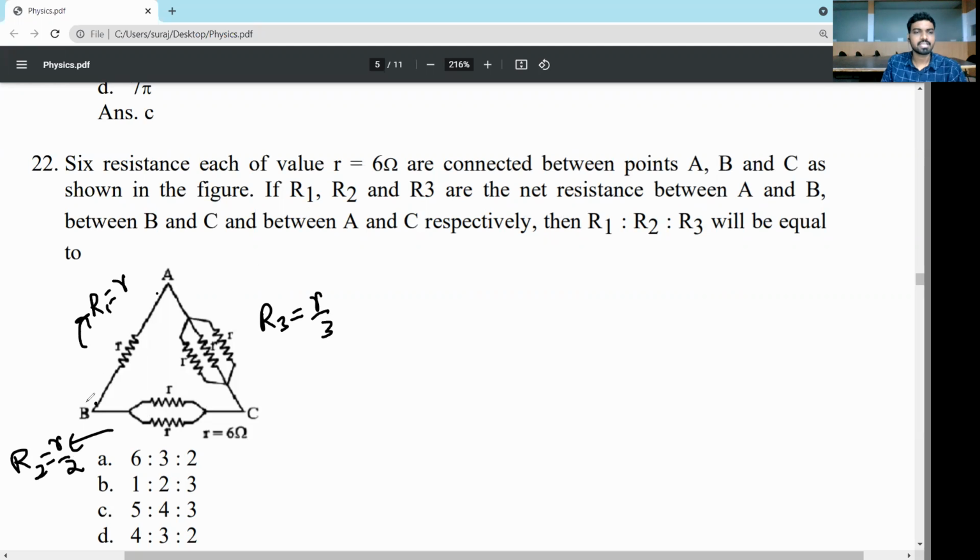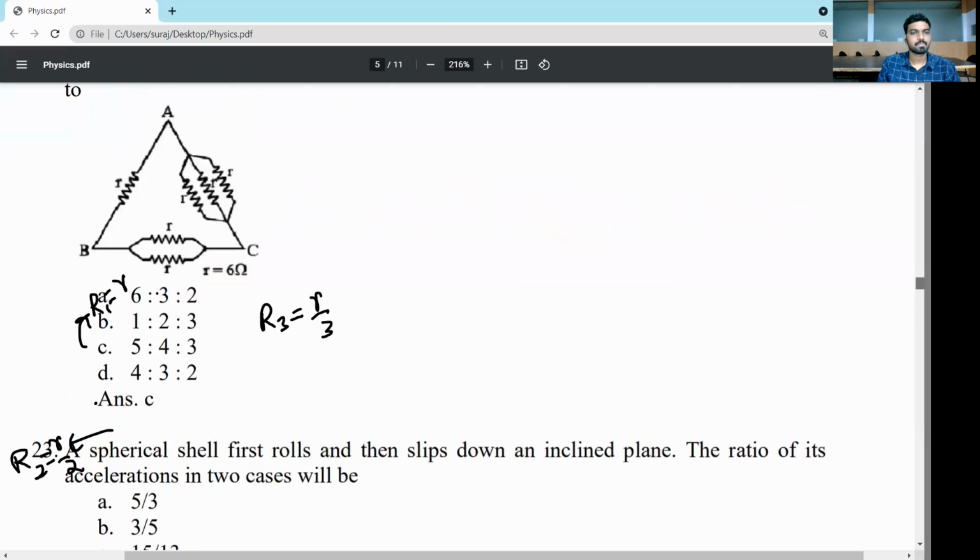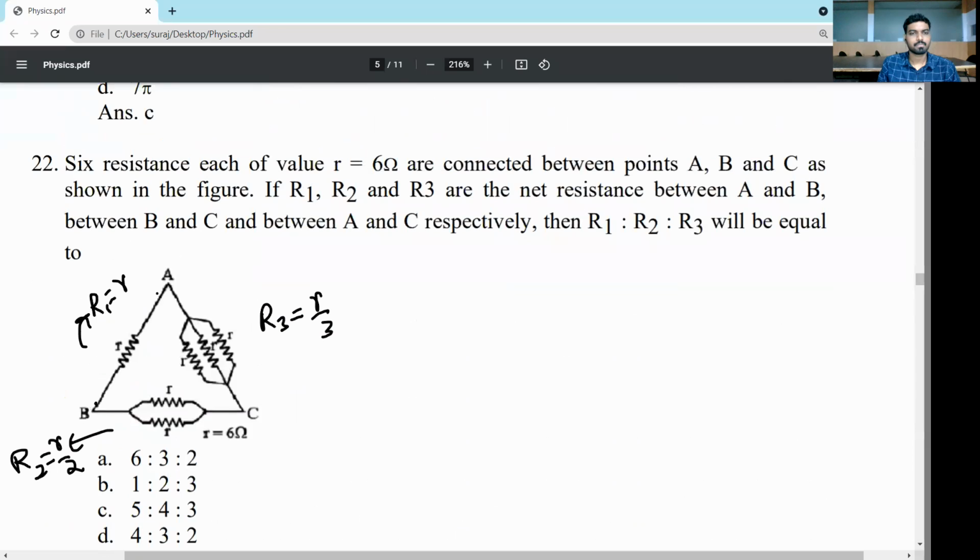I just need to find the ratio of R1, R2, R3. R will get cancelled. So it becomes 6 is to 3 is to 2. R value is also given, right? R value is also based on that you have to find.